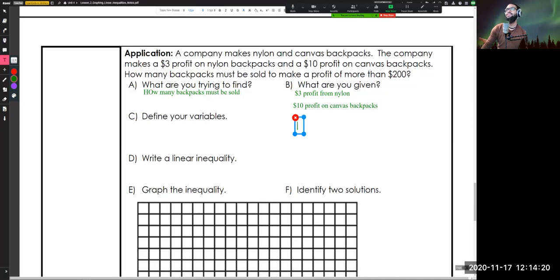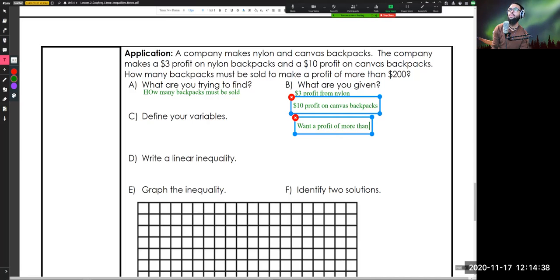And that's just like right here. How many backpacks must be sold to make a profit of more than $200? So he wants a profit of more than 200 smackaroos. All right.